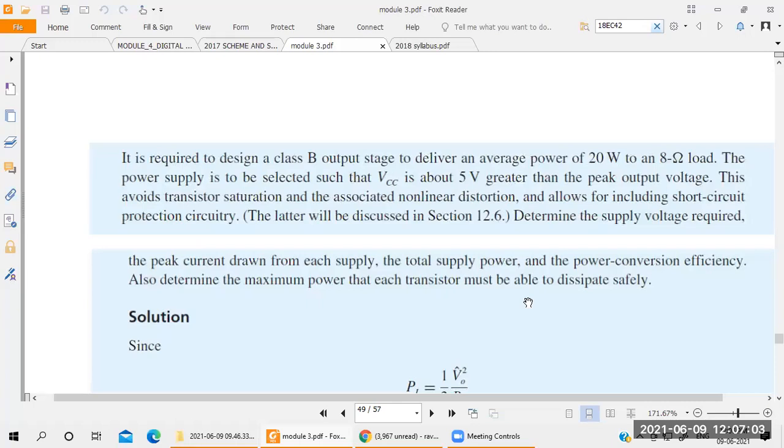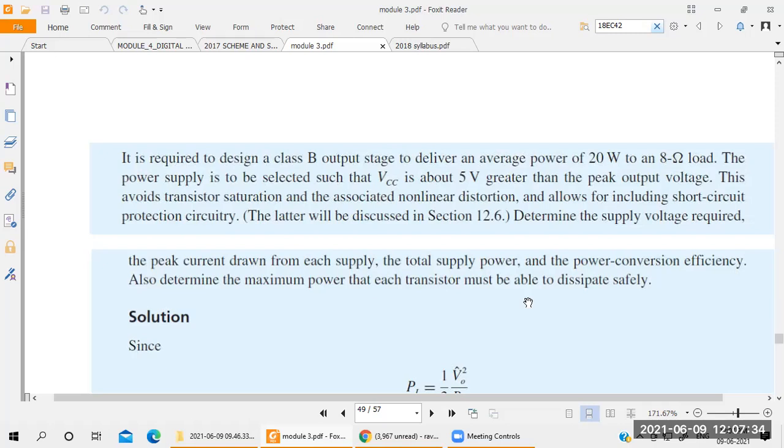The power supply is to be selected such that VCC is about 5 volts greater than the peak output voltage. So VCC is greater than the AC output voltage. This avoids transistor saturation and the associated nonlinear distortion, and allows for including a short circuit protection circuit. Determine the supply voltage required. The question is, we want to find out the supply voltage here.